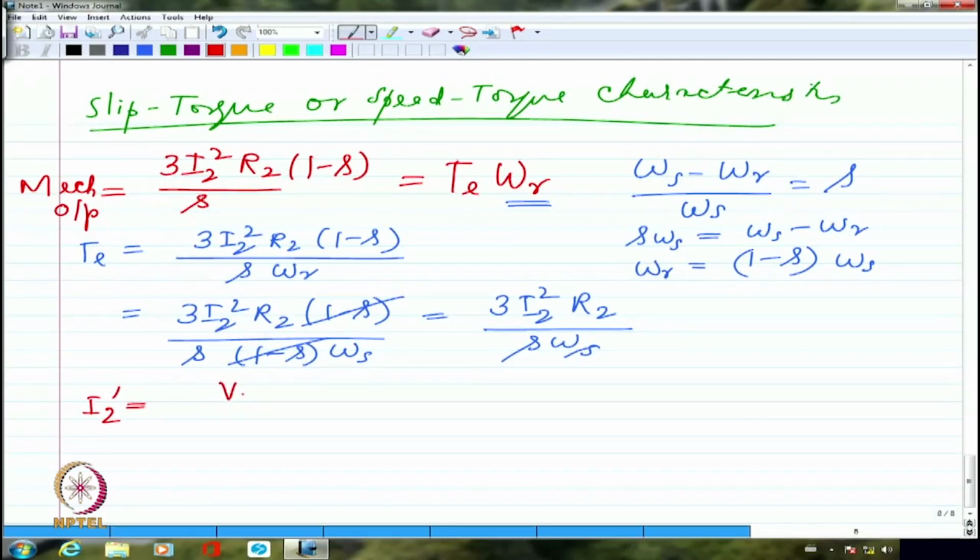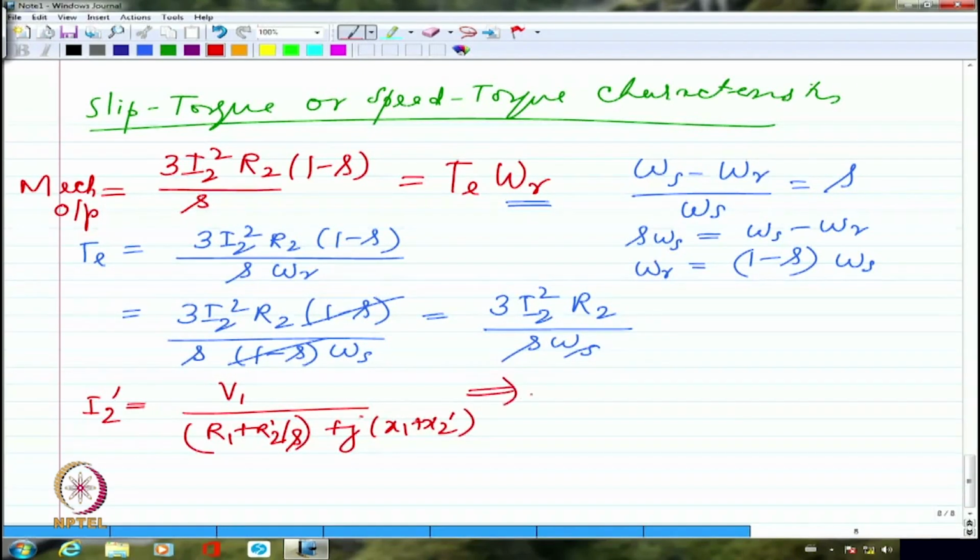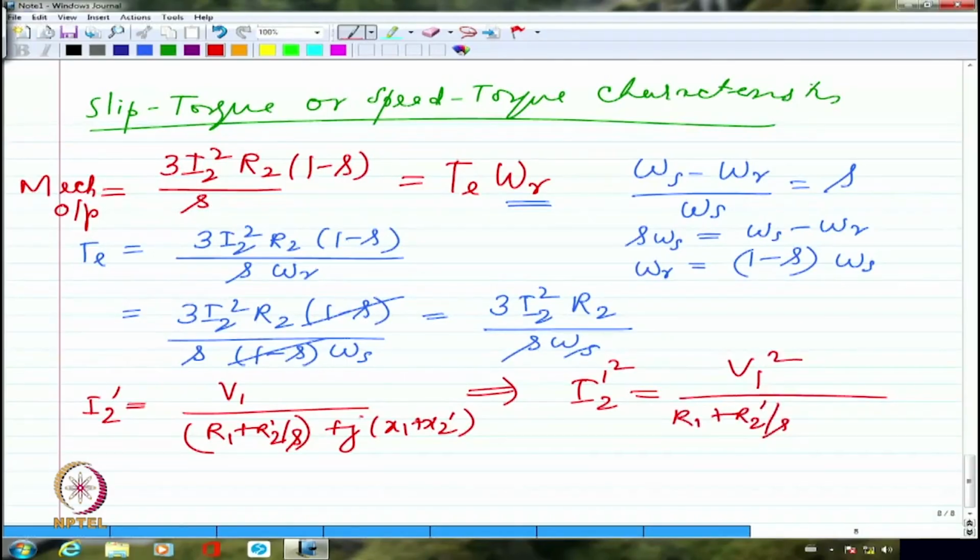That is going to be V1 divided by R1 plus R2 dash by S plus j into X1 plus X2 dash. From which I can write I2 dash square is equal to V1 square divided by R1 plus R2 dash by S the whole square plus X1 plus X2 dash the whole square.